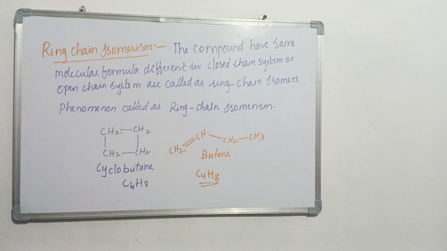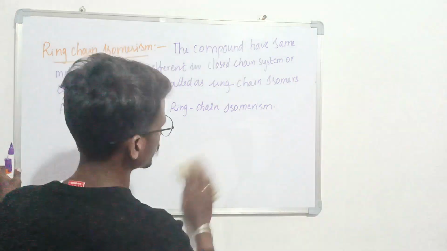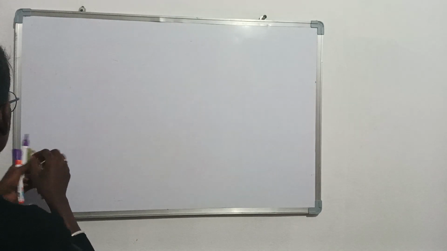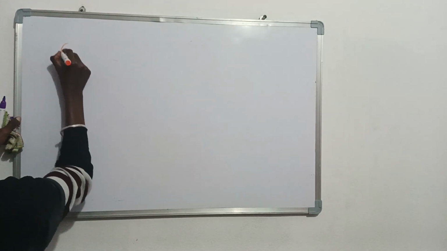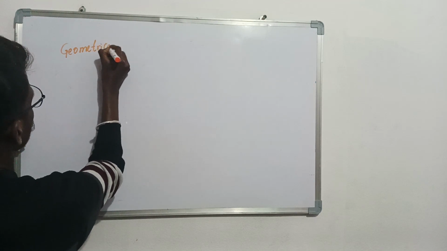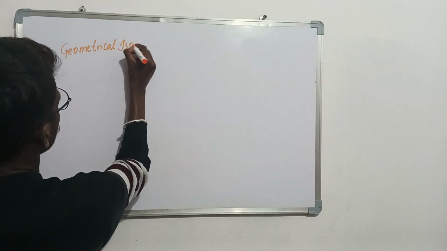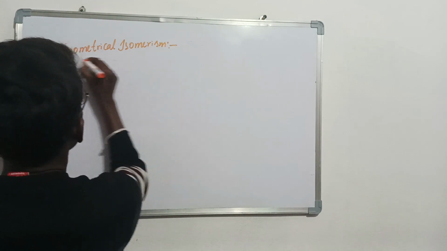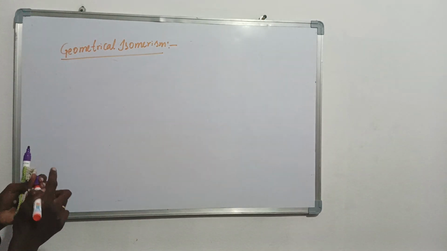Then coming to geometrical isomerism. What do you mean by geometrical isomerism?